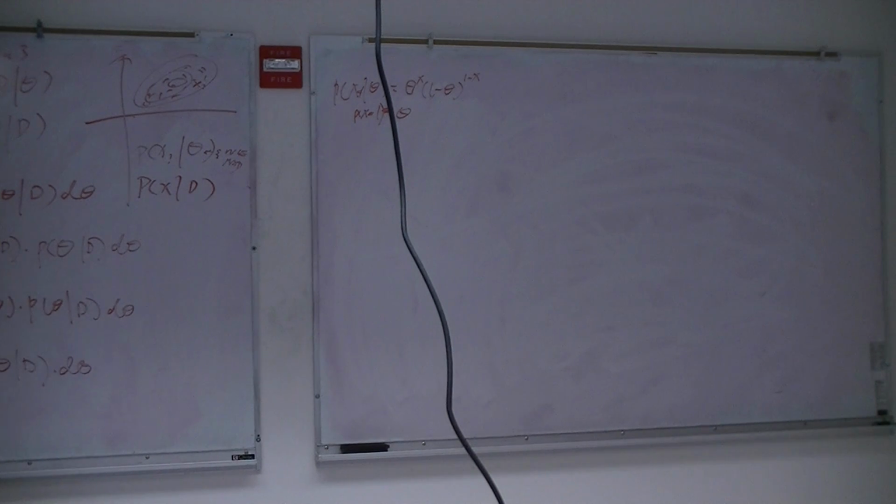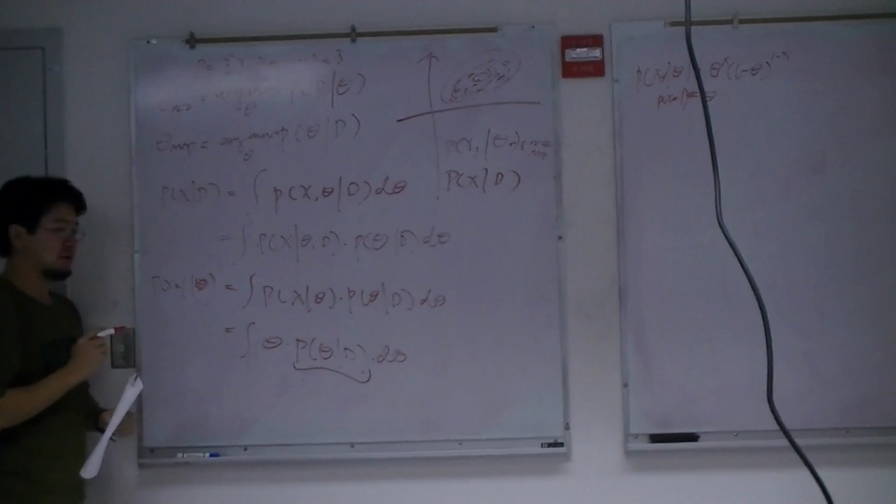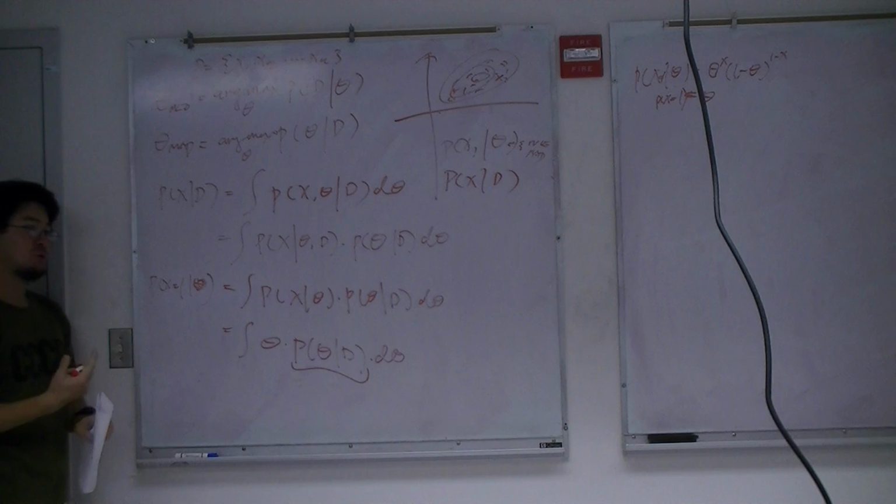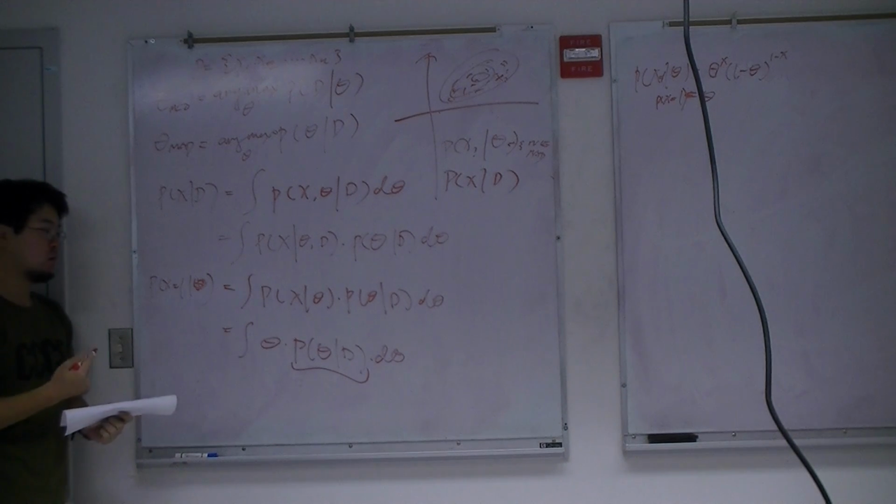And this term, as we remember from last time, we use the Bernoulli distribution times the conjugate prior. The definition of a conjugate prior is that if you use that distribution times the likelihood function, you will get the posterior back in the same form.